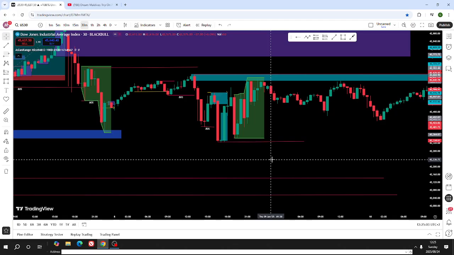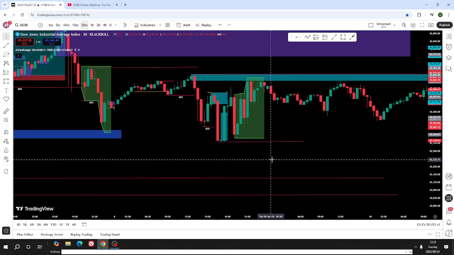So between the supply and the demand, which one held? Taking a look at this situation, this became a doji, so we did not know if the market was going to sell or buy. It was not safe to fight here, because between this supply and demand there was only a doji, not even a pin bar and not even a sweep of a previous low or a previous high to tell you that we're going to the downside, or that the supply was fake and we go to the upside.